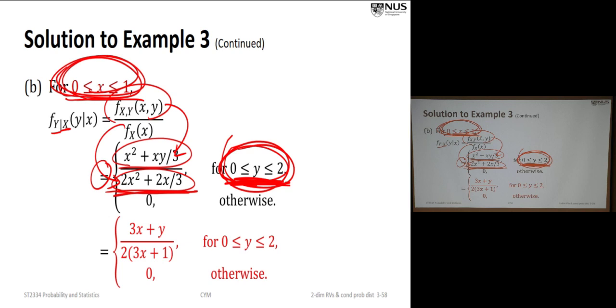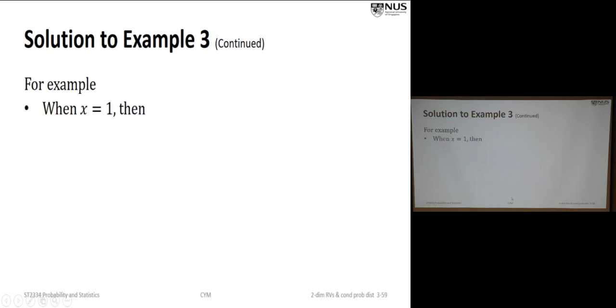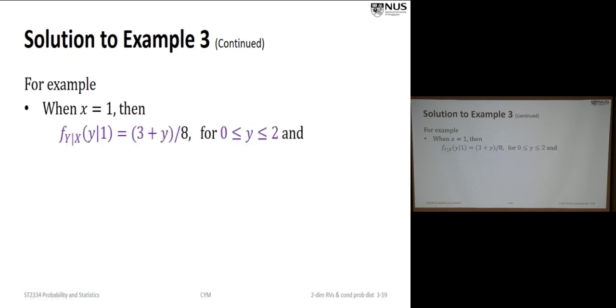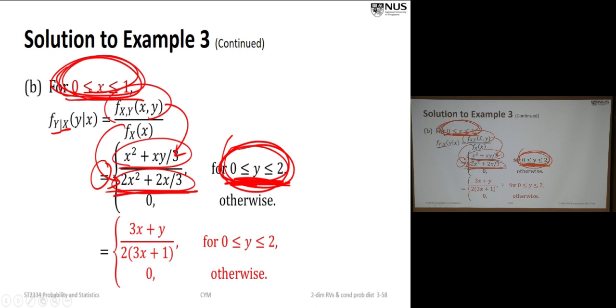All right? So what happens if x equals 1? All right? Then x equals 1. So what we do is that, okay, when x equals 1, it satisfies this range. So I substitute x equals 1.